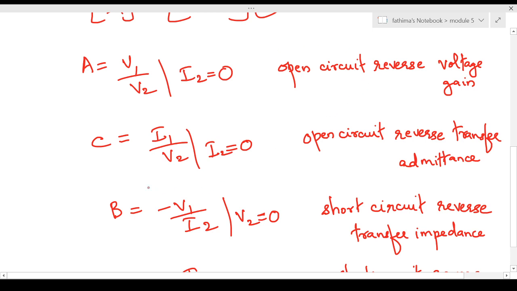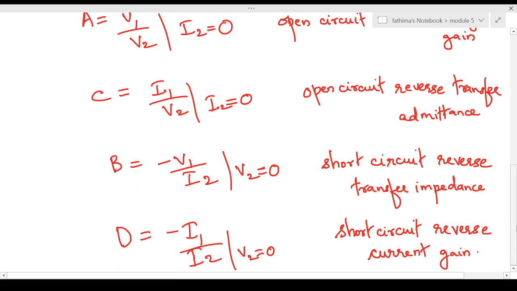Next is C. C is the ratio of I1 to V2. So I by V is the admittance, and here it is the ratio of current at the input port to voltage at the output port. So it is the transfer admittance, and it is the reverse transfer admittance because it is the ratio of input to output, and the current at the output is 0, so it is the open circuit reverse transfer admittance.